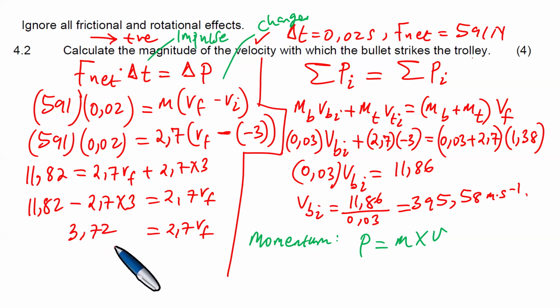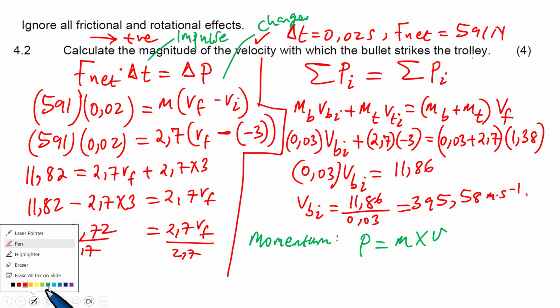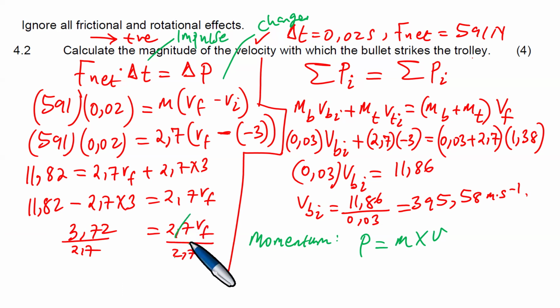Okay, I need to trust you there. And then now we divide both left and right by 2,7. If we do, the 2,7 cancels out, and V final equals 3,72 divided by 2,7. What answer are you getting? 1,38.